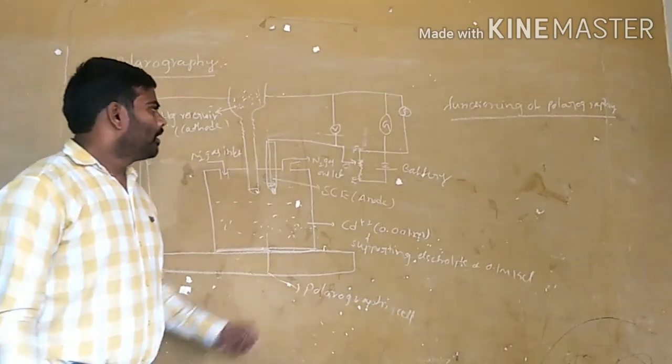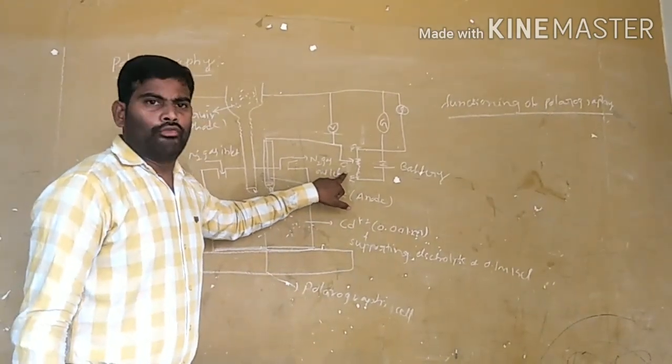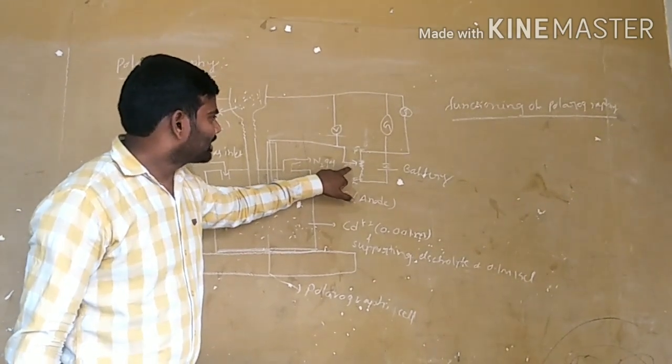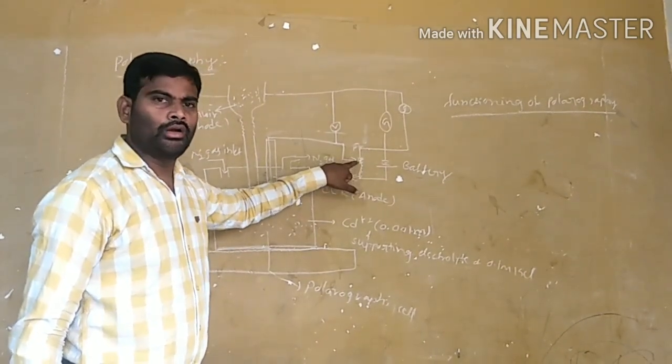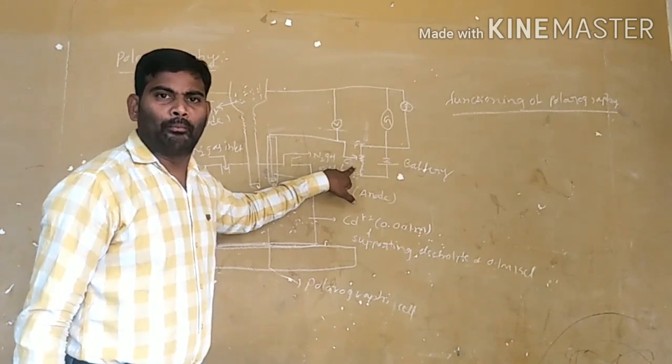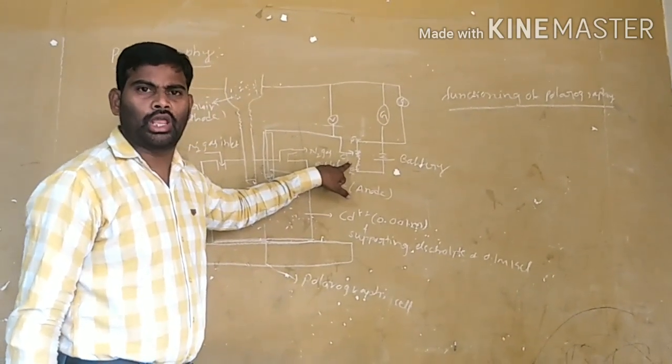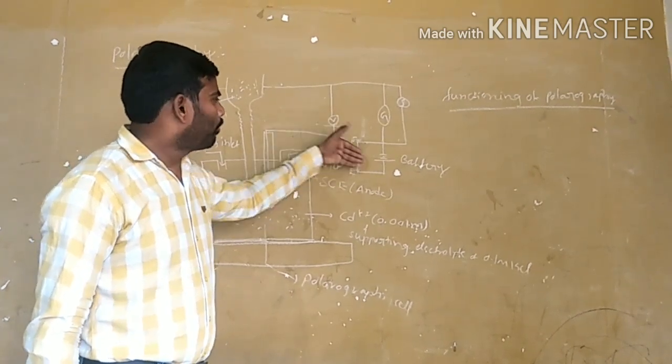In this, variable voltage is applied across the cell with a sliding contact C. For this, we measure how much current is passing through the polarographic cell at each applied voltage.